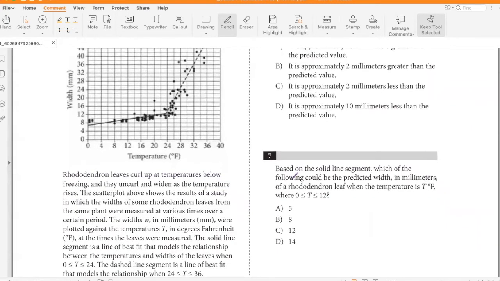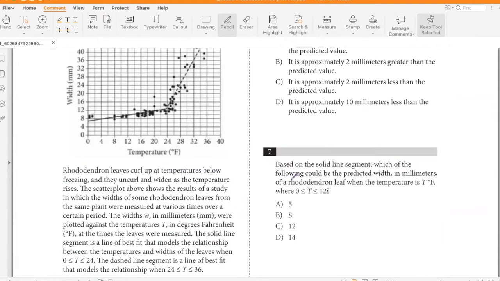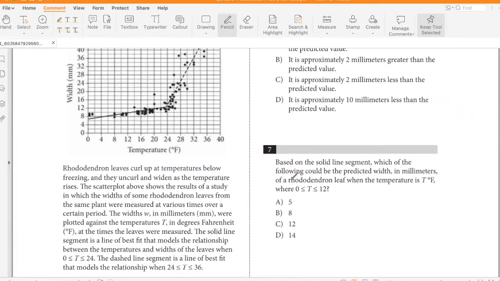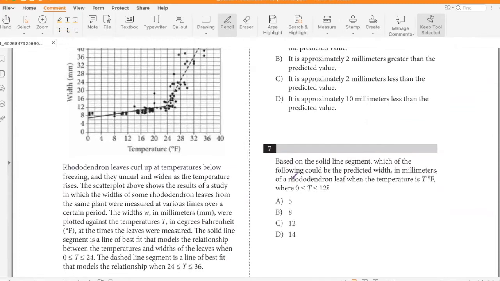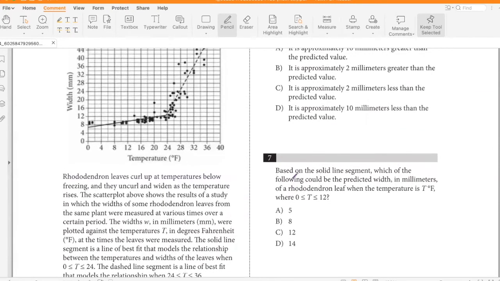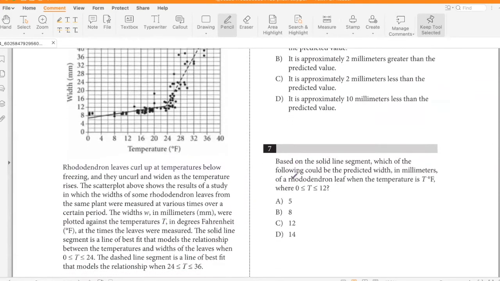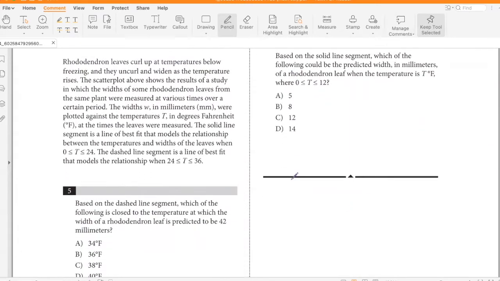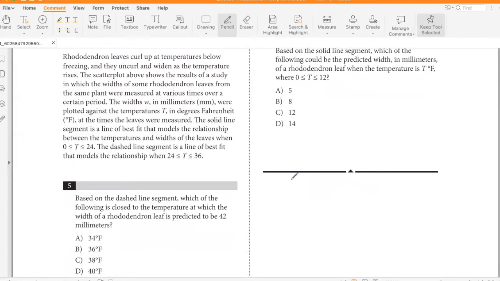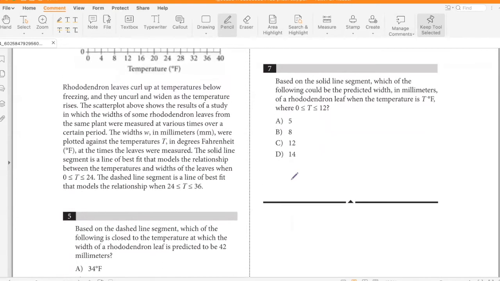The solid line segment is a line of best fit that models the relationship between temperature and width of the leaves when temperature is between 0 and 24. And the dashed line segment models this relationship where temperature is between 24 and 36. Based on the dashed line segment, which of the following is closest to the temperature at which the width of a rhododendron leaf is predicted to be 42 millimeters?